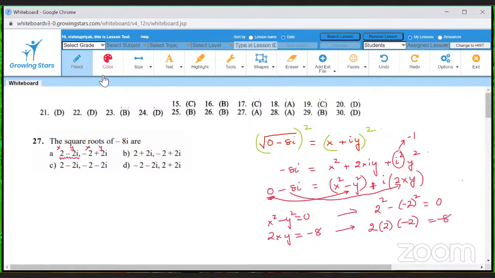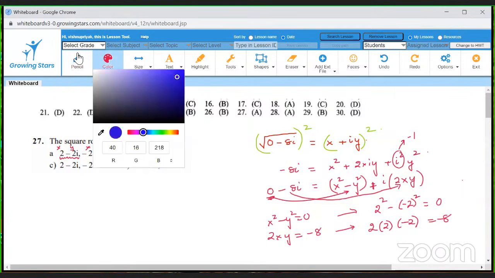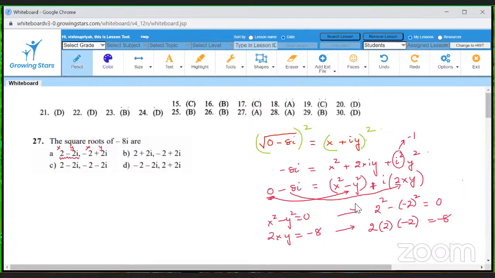But I will check for the other one also. What is the other one? I'll put x as minus 2 and y as 2. First I will put it here. x is minus 2, y is 2. I am getting 4 minus 4, 0.